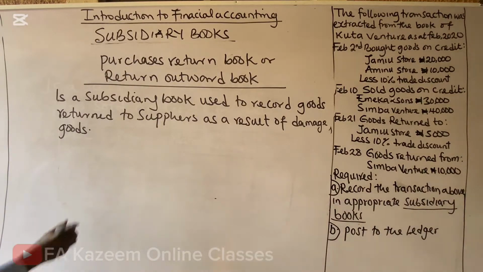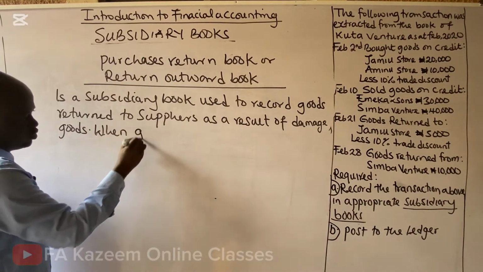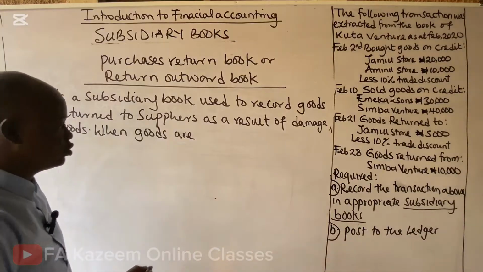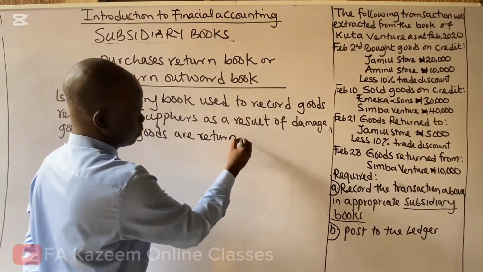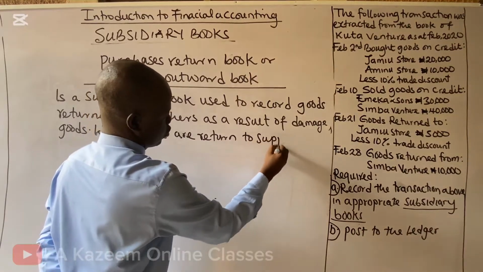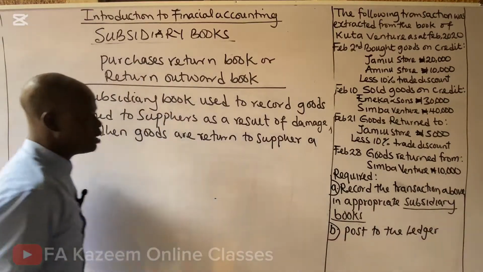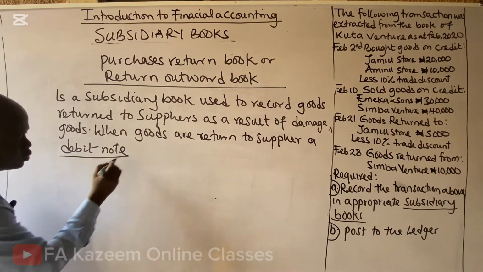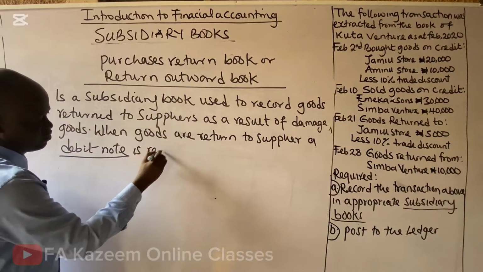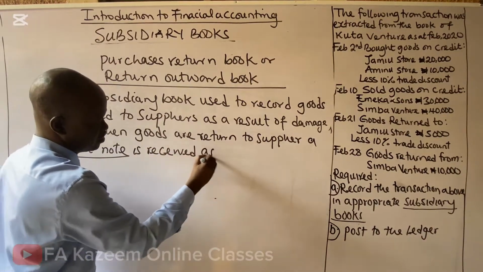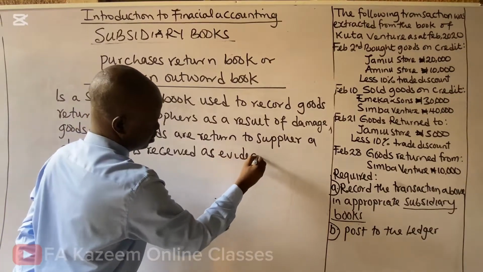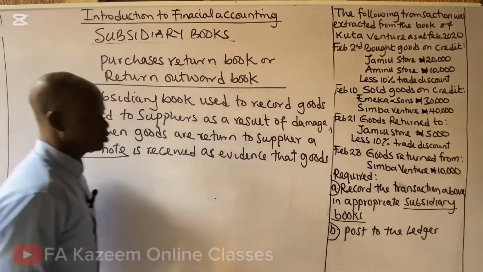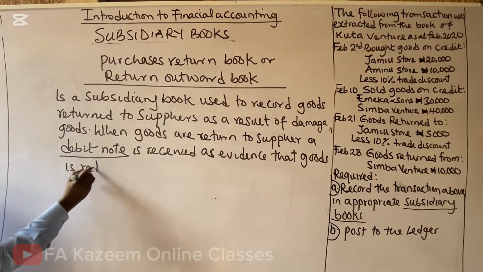Now, when goods are returned to a supplier, a debit note is received as evidence that goods are returned.